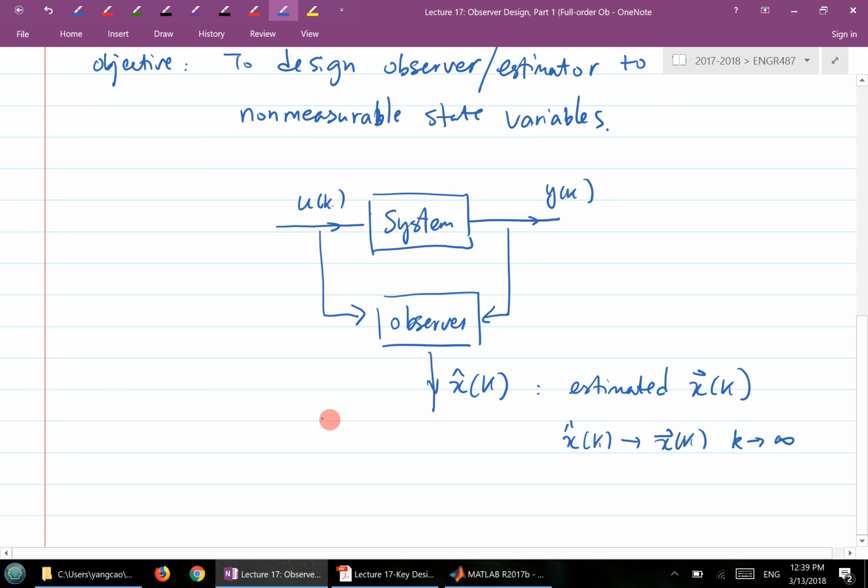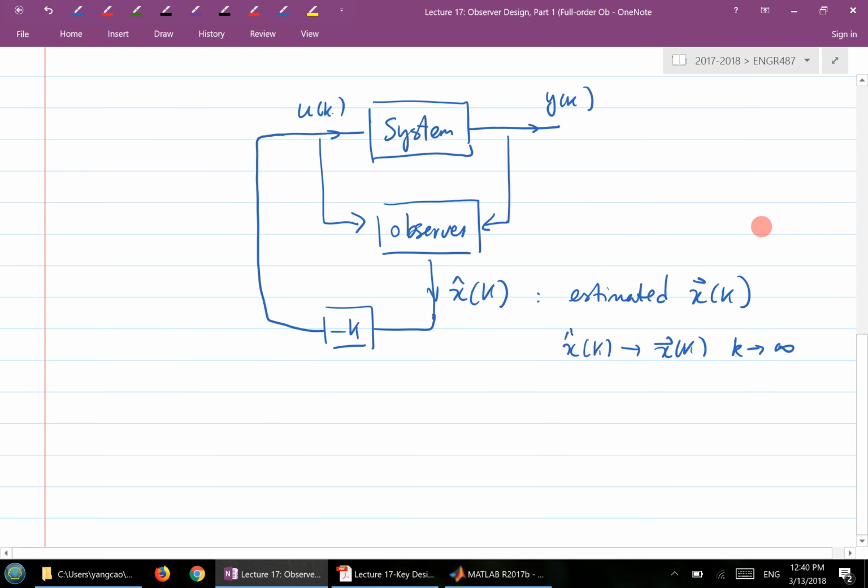Then you can apply a negative feedback gain here and come back to this loop. That is the new structure. Previously, if you recall, u was directly negative K times the system state x of k. Now it is negative K times x hat of k. So that's the structure of the observer.